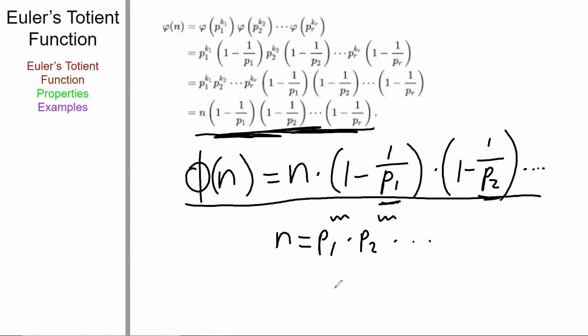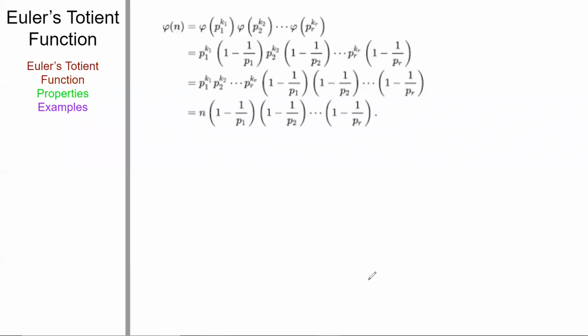And this formula right here gives you that number. You might think, why is this useful? We'll actually see later why this is so useful. And first, we're going to do some example problems.